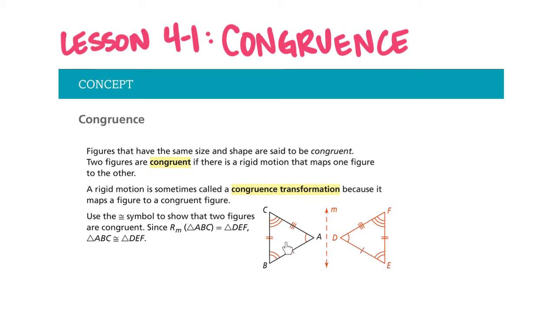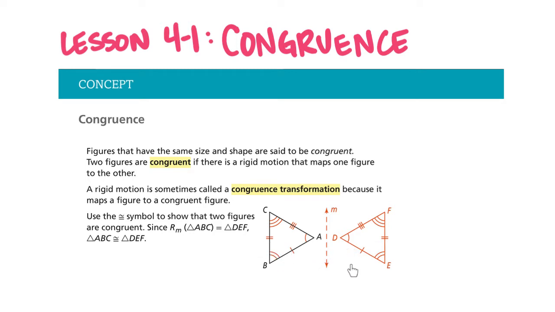So that's another way to think about it. If we can either think that they have the same size and the same shape, or we can think that we can perform some rigid motions, reflections, translations, and rotations, that would turn this shape basically into this shape, make them lay right on top of each other.